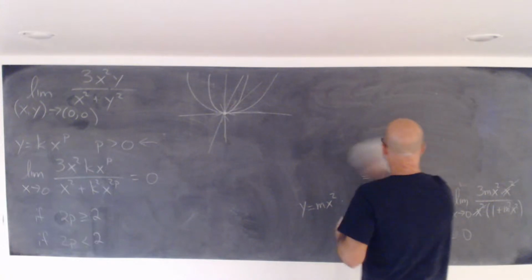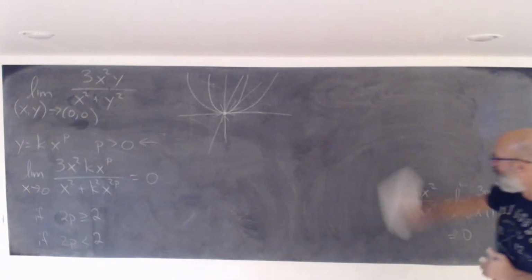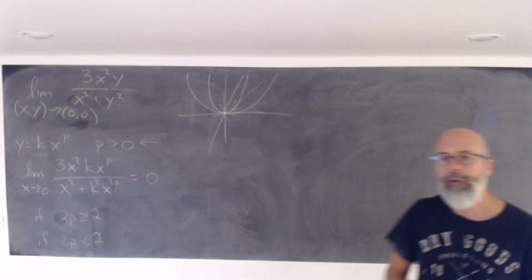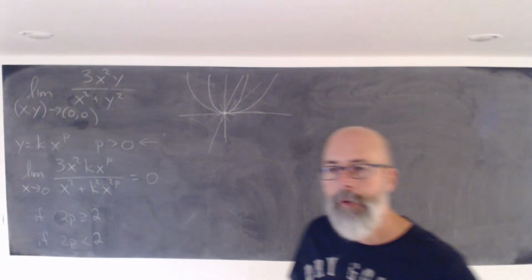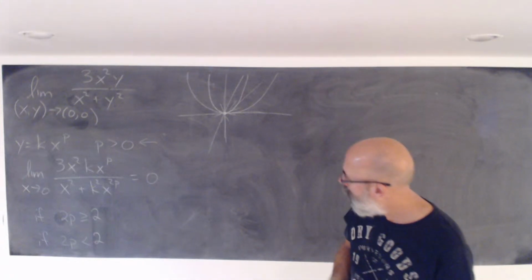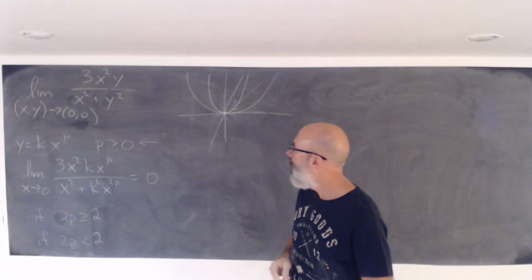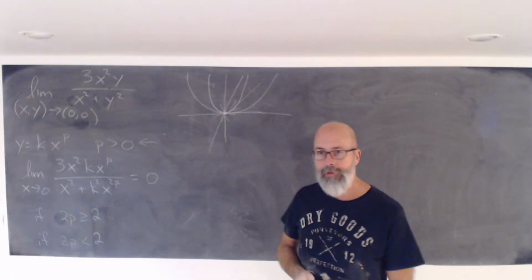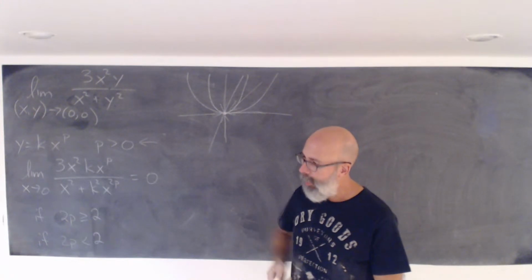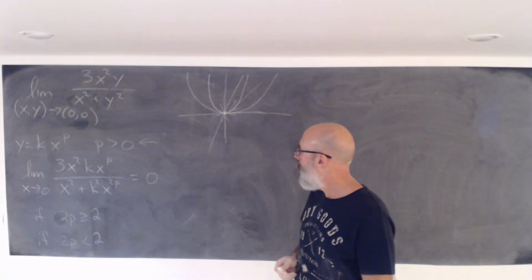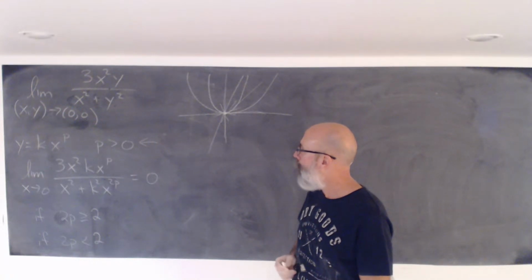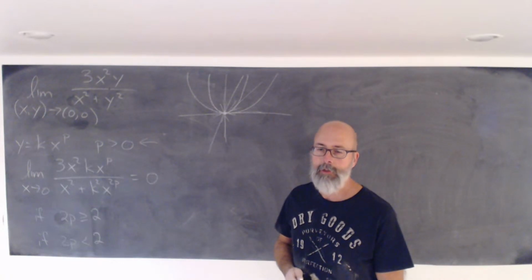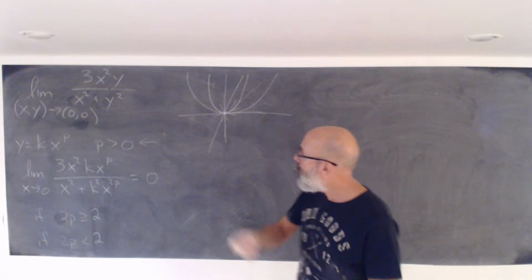All right. Well, at some point you have to stop checking these paths and probably think that your limit is going to exist and is 0.